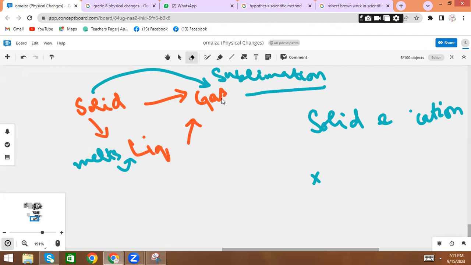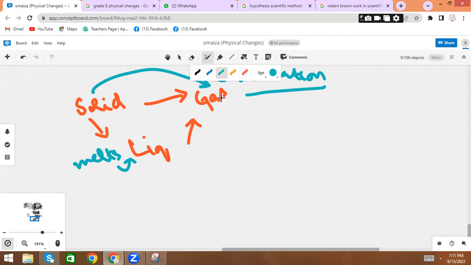Okay, so we were discussing some processes. The first one is sublimation. Just tell me what happens in sublimation. Sublimation is solid to gas.